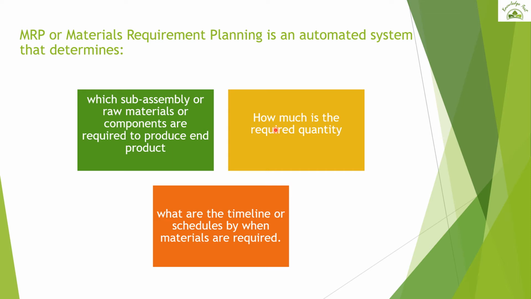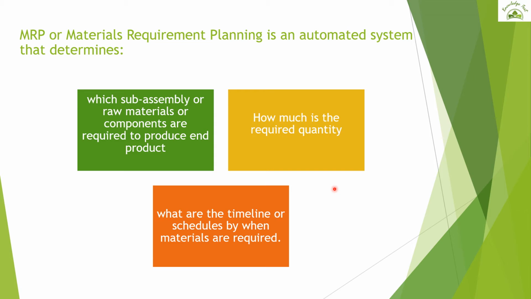Second, it helps to determine the right quantity required for each of the components. And third, the timeline and schedules by when each component material is required at the production plant. All of this functionality of the MRP system will eventually help a company to meet the production schedules of the end product at an optimal cost, so that it can maximize value to its customer.